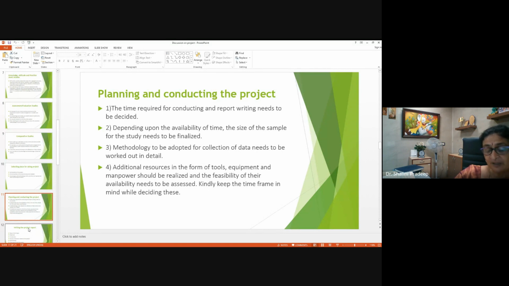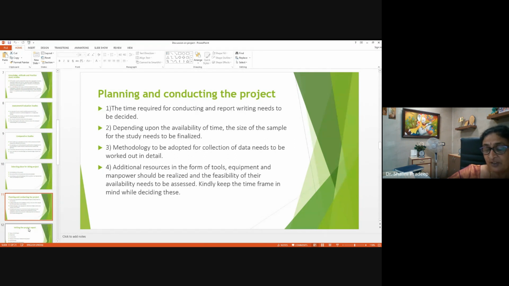And depending on what type of study you're going to do, the size of the sample can be determined. Okay. Methodology, how you're going to do it, should be described in detail in your project report. Additional resources like equipment, tools, your manpower, you'll also have to assess whether you'll be able to finish it or not.